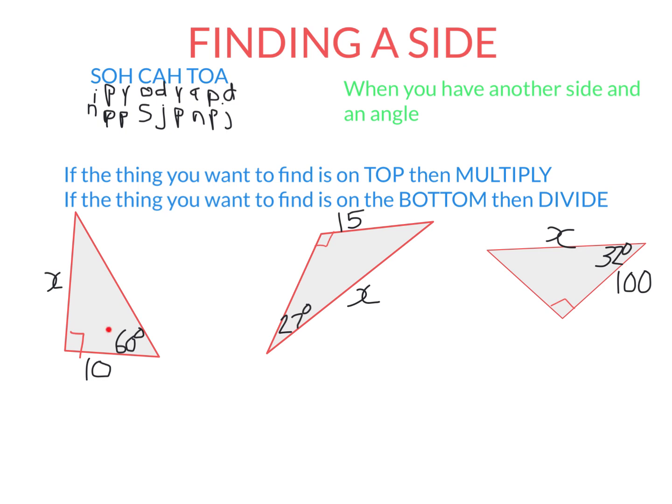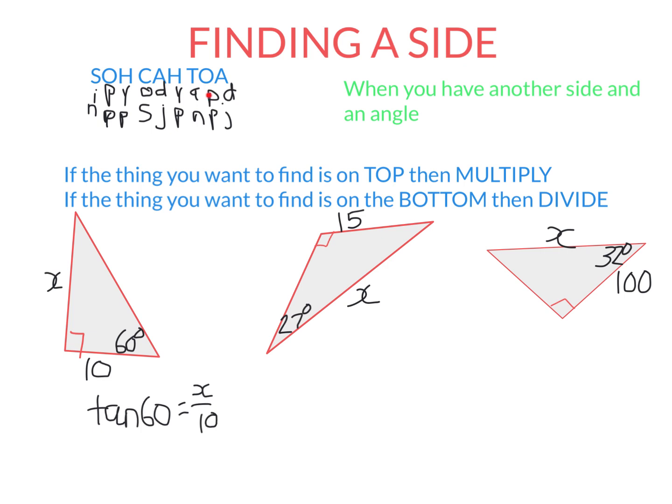So we start here by choosing which ratio. That's what SOHCAHTOA is for. So for this angle 60, our reference angle, we have the opposite side and the adjacent side. So we need to use tan. So we have tan of angle equals opposite over adjacent.